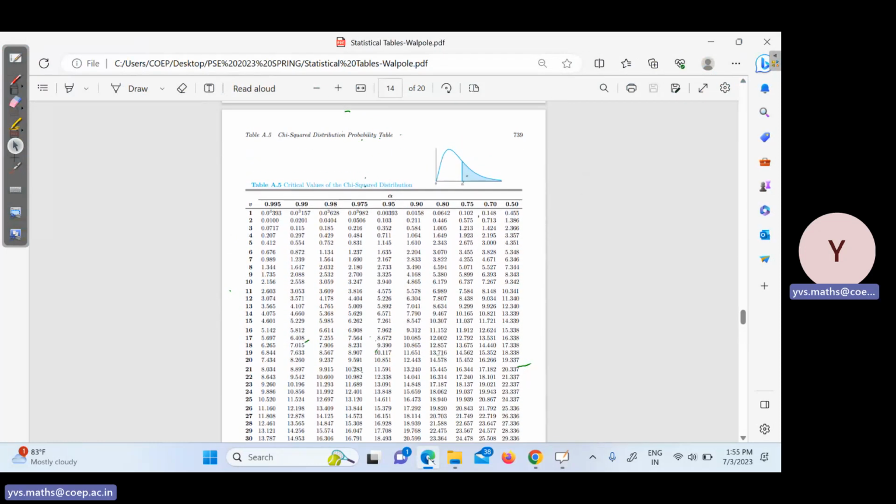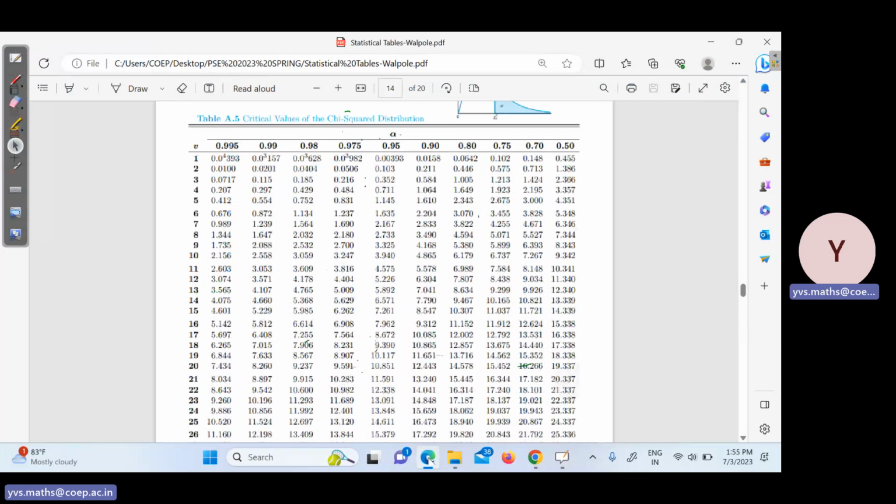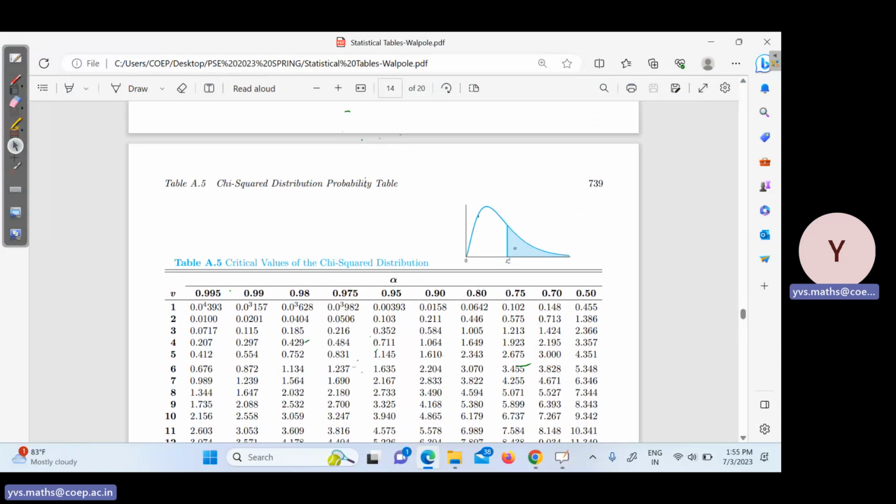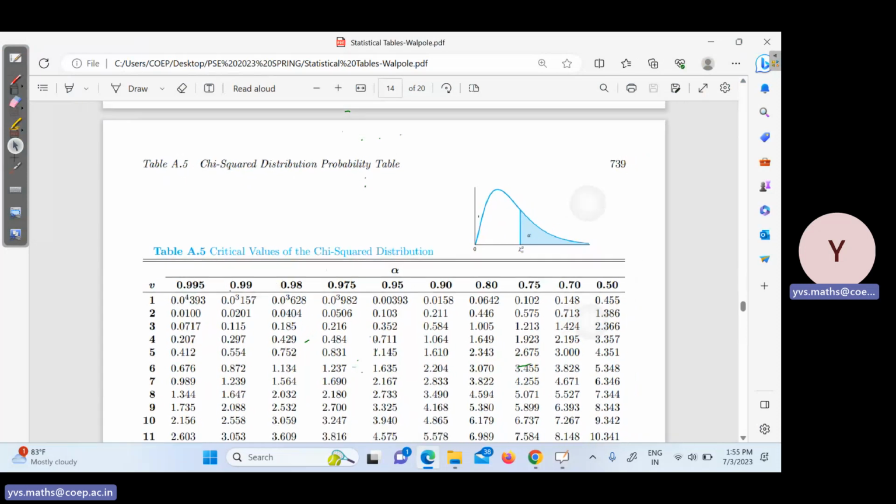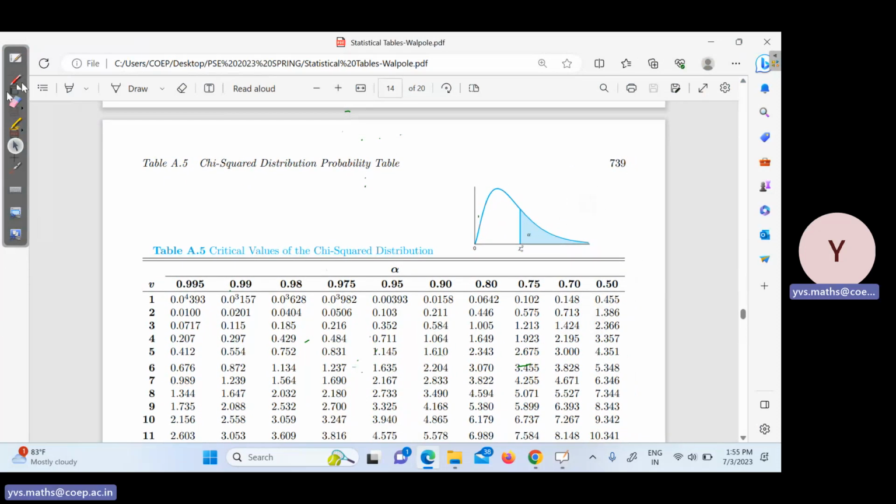Now there are two pages regarding chi-square distribution statistical tables. The first one contains the graph of the chi-square distribution. If you see, on the horizontal axis you have this notation chi-square alpha, and the right-hand side part of this value chi-square alpha is shaded with blue color.